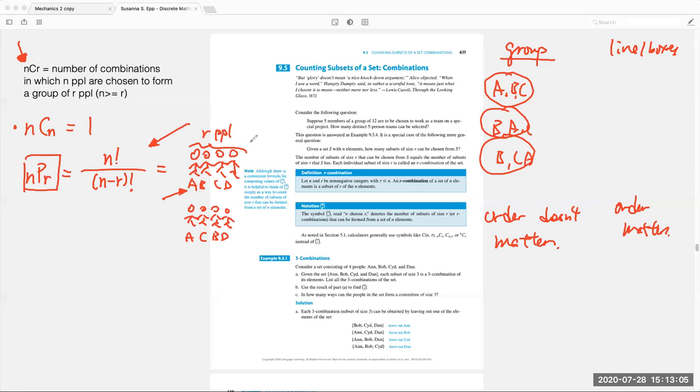But they both count as the same choice in NCR. So what we can do is divide by the number of ways that r people can queue up in a line. So NCR can be defined as NPR divided by the number of choices that r people can form in a line, that is r factorial. So that gives you the definition of NCR.